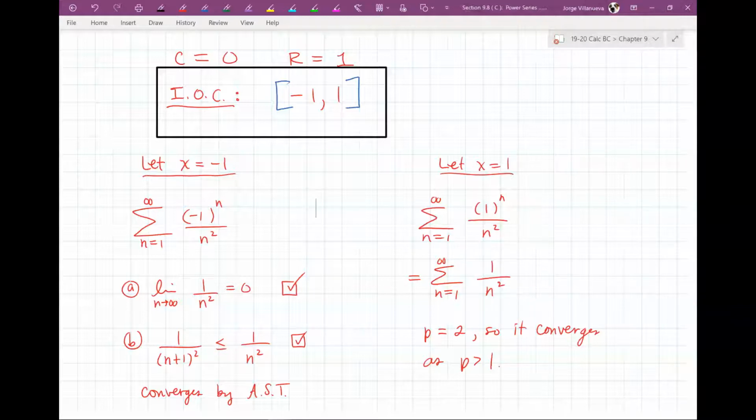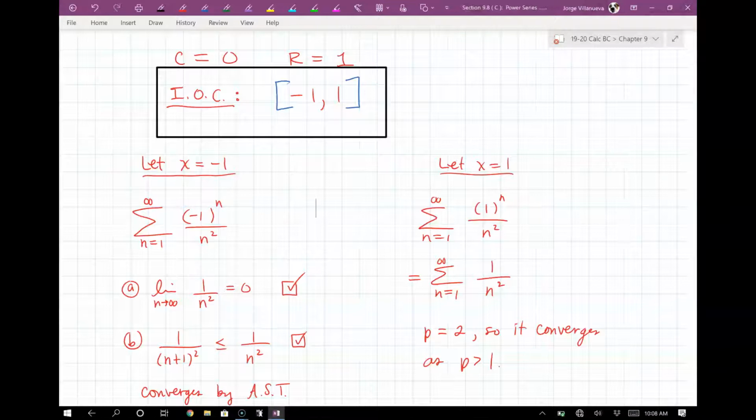Okay? So that's it for power series and endpoints in a sense, like normal ones, but they do want us to show you how you can take derivatives and integrals of these power series. So let me show you what it's going to look like.